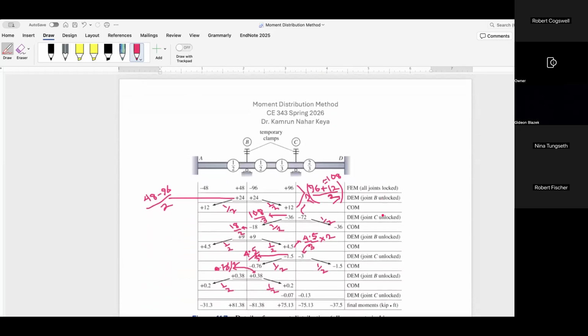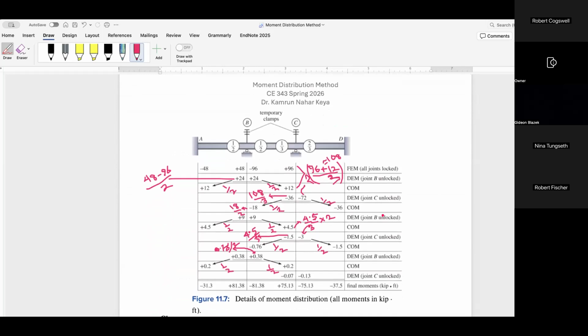Okay. So yesterday when I was making this one, I already wrote it because it takes too much time to write everything. But you don't need to write for me during the exam or during the class assignment. So here we already computed distribution factor half, and for this point 1/3, this point 2/3.